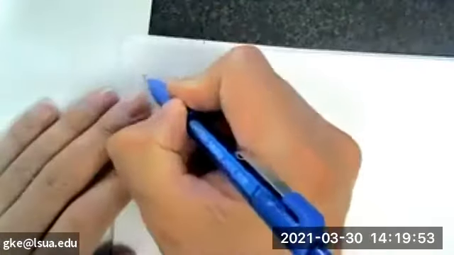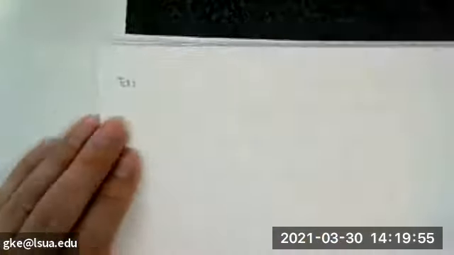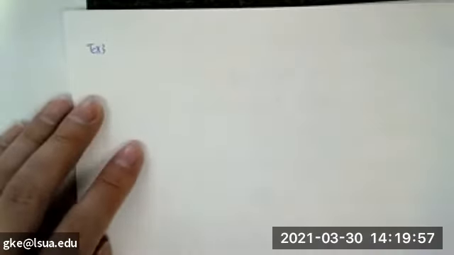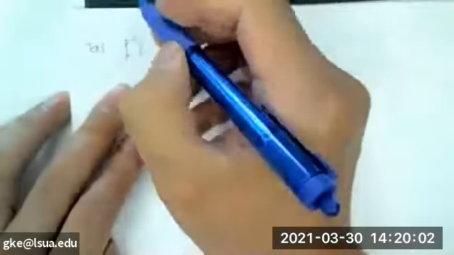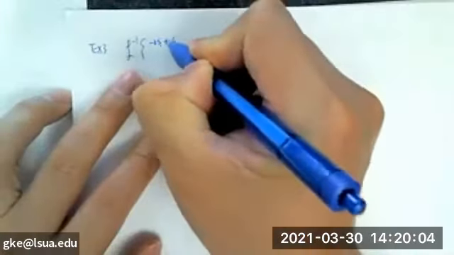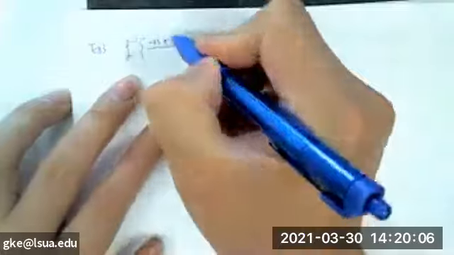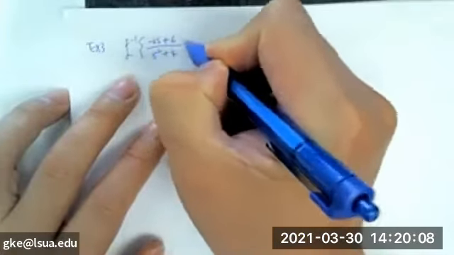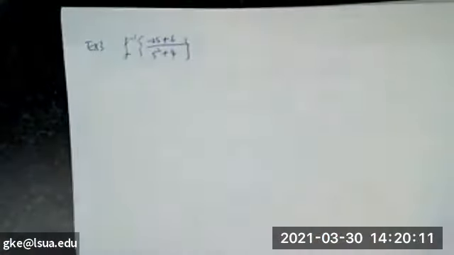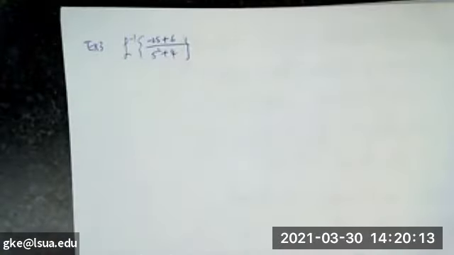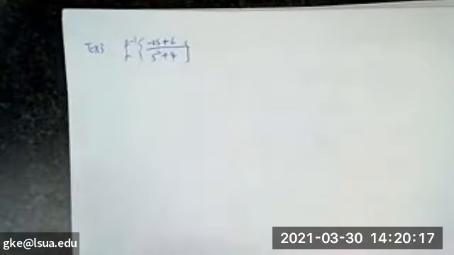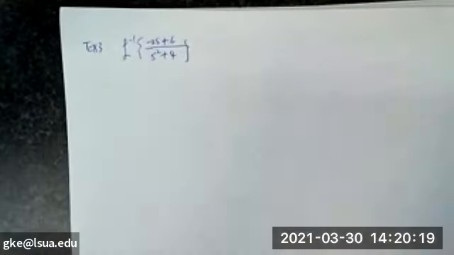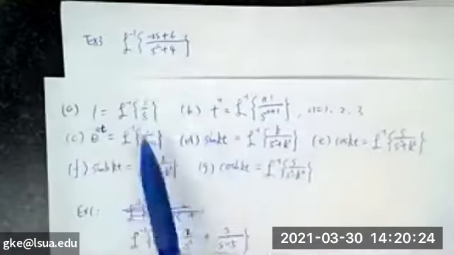Example 3. Negative 2s plus 6 divided by s squared plus 4. So how to solve this guy? It's very clear when we take a look, the formula is nothing like that.